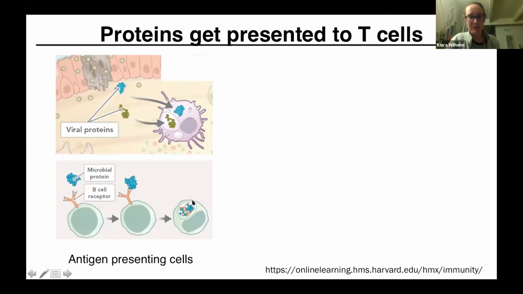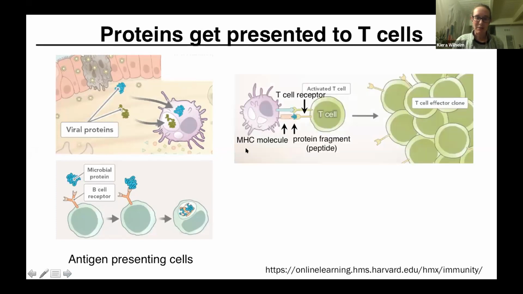These little bits of chewed up proteins we call antigen, and they will be presented on the cells that picked them up. So say we have this antigen presenting cell that is presenting this protein fragment, or peptide, in an MHC molecule. This is the signature that will be recognized by the T cell and its T cell receptor.